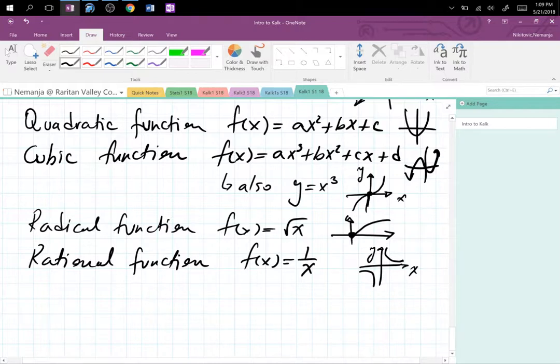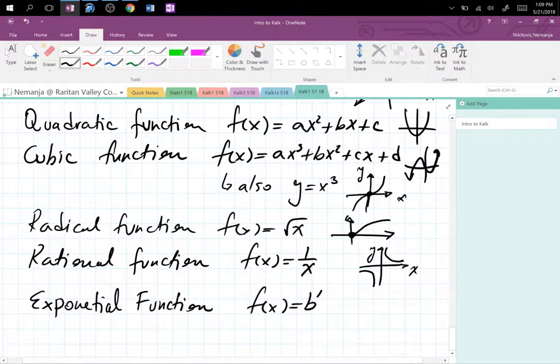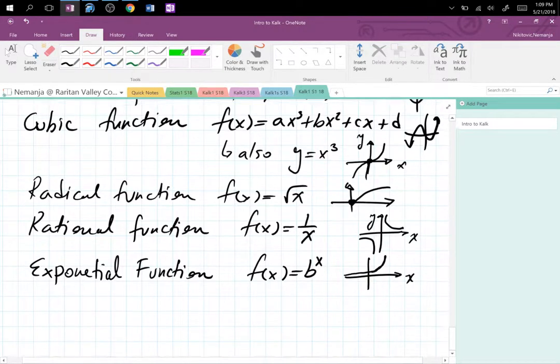And I know we still have to do e and all that. Okay, so let's go with the exponential function. The exponential function, just in general, is b to the x, and its graph we already had for population. Now e is a special case, so I am going to talk about that.